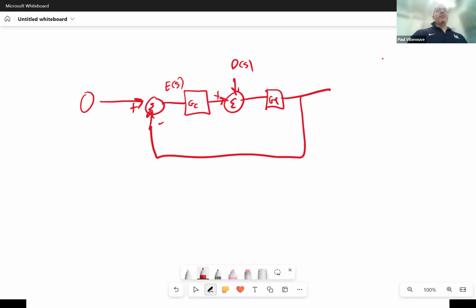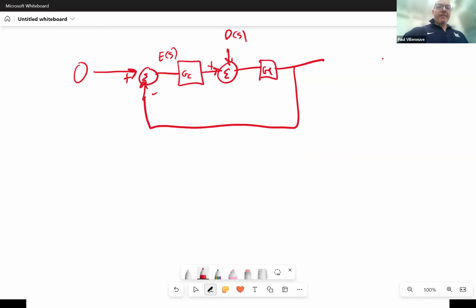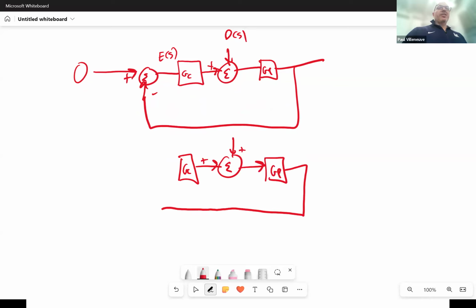This right here is 0 if I do superposition, okay? So what I'm saying is, let's redraw that. Still have my GC, still have my summing junction, still have my GP. But now, instead of the summing junction, because it's always going to be 0 minus something, I'm not summing anything, right? It's always adding or subtracting a number to 0.